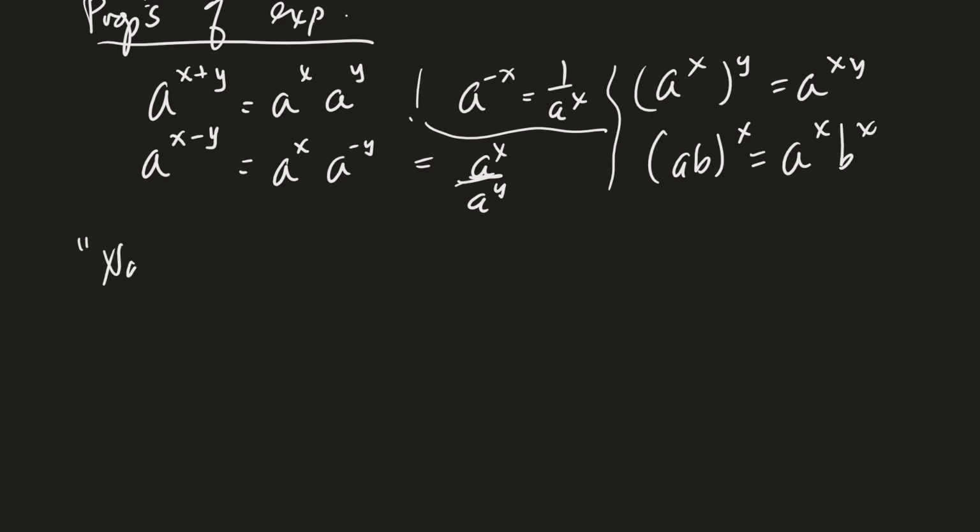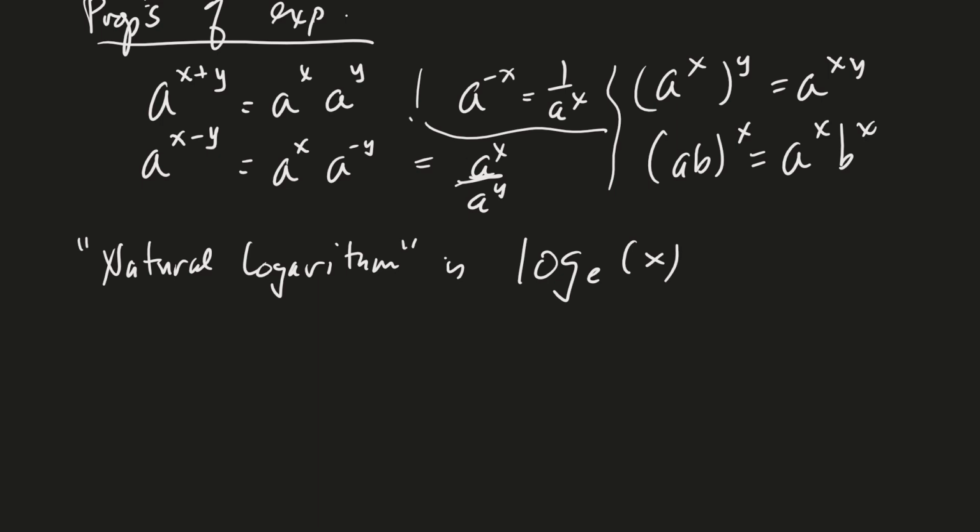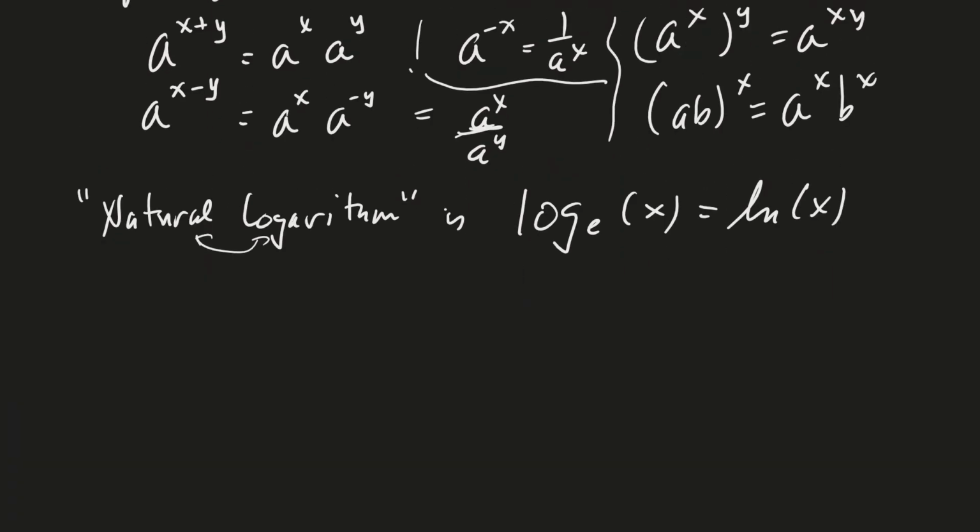The natural log is log base e of x. Okay, and that's usually denoted as ln of x, which reverses the words natural log for some reason.